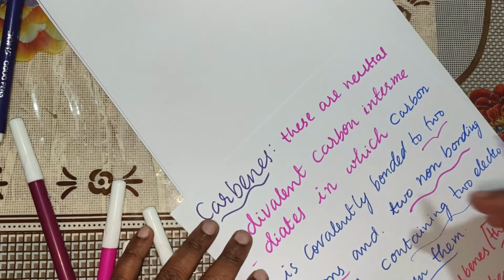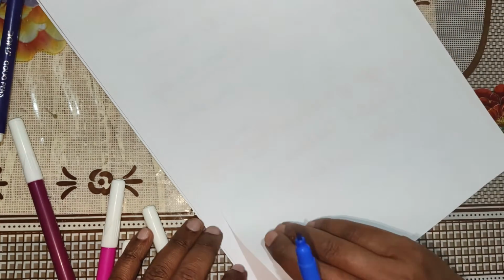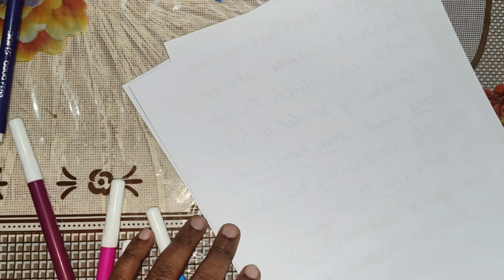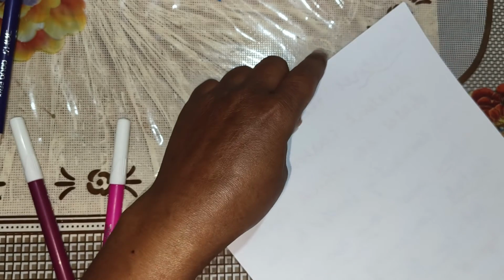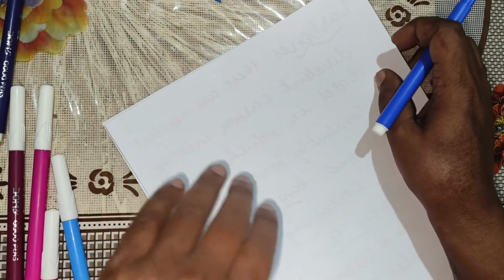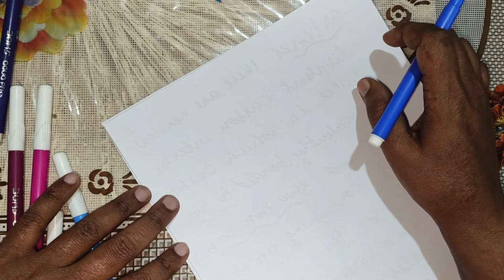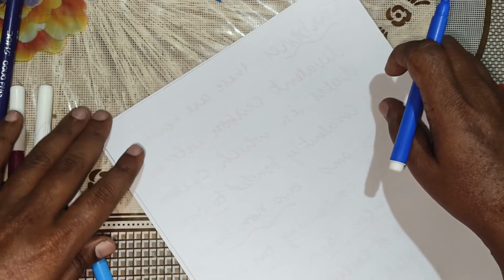Next, the second type, triplet carbene. But let us talk more about singlet carbene first. When you observe, the unhybridized orbital remains vacant because the fourth orbital is also there.